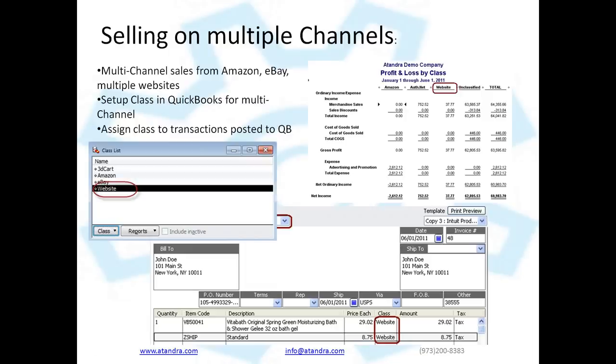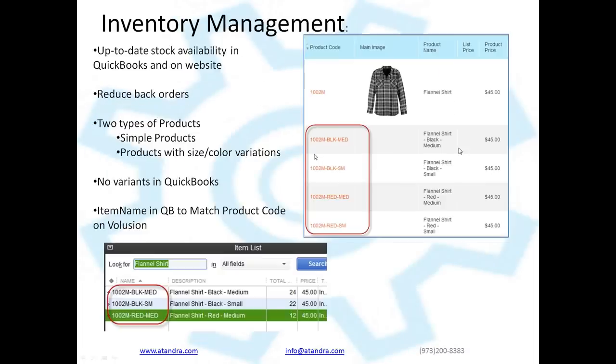That way, you can run reports in QuickBooks like profit and loss by channel, by class. So you can easily find out how much sales are coming from your website, how much is coming from Amazon or another website. So a simple flag to track classes at a transaction level allows you to do powerful reporting from your QuickBooks.